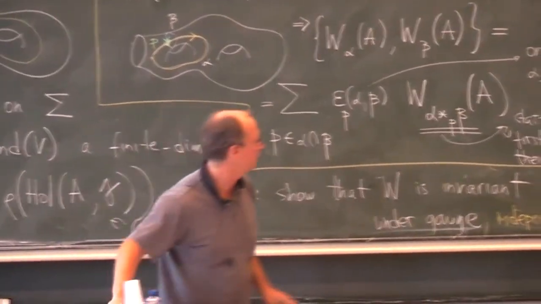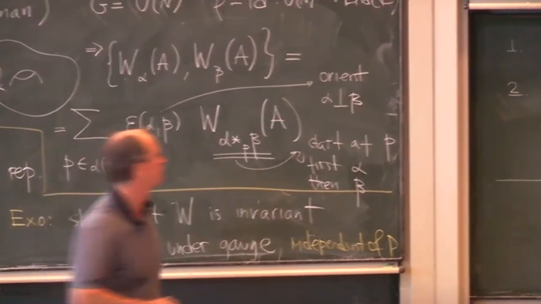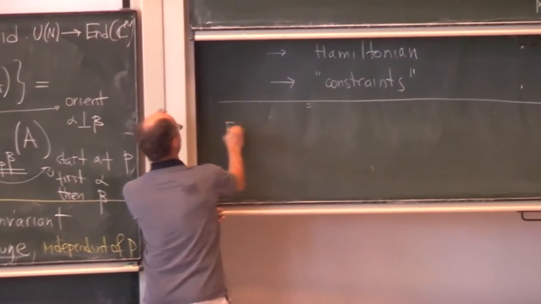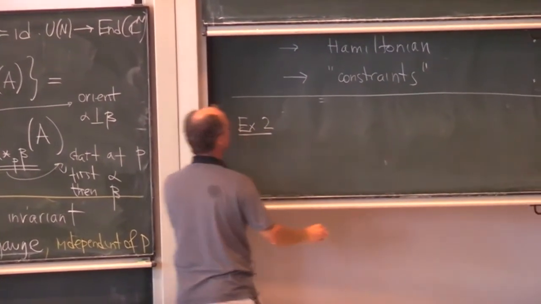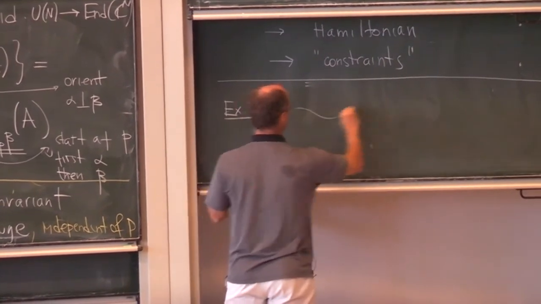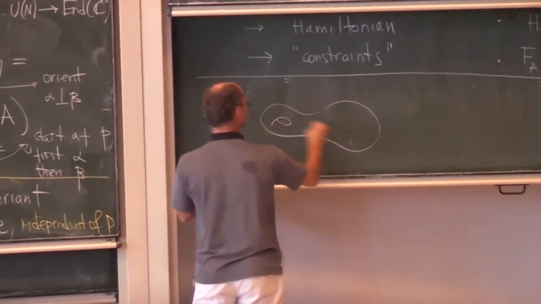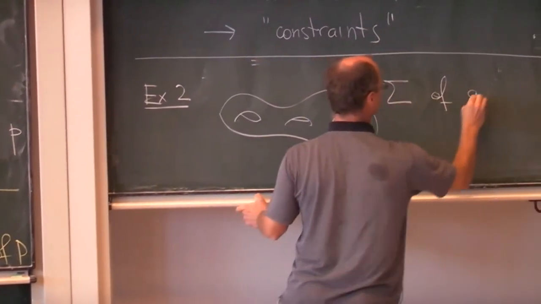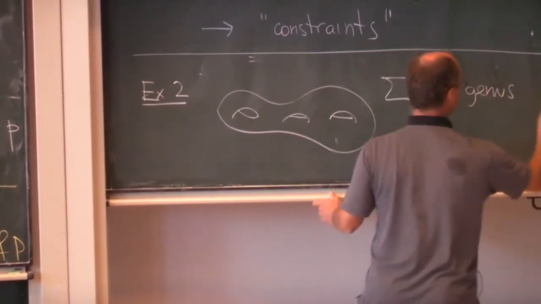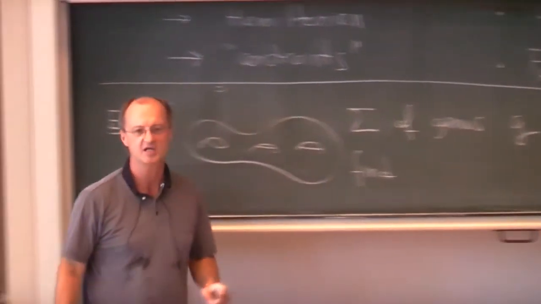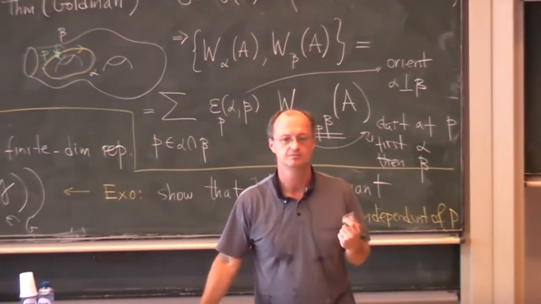And just to finish, exercise 2 for tomorrow morning. Imagine that we have sigma of genus g. Find as many as possible Goldman functions which commute.